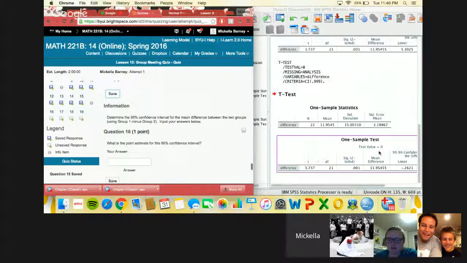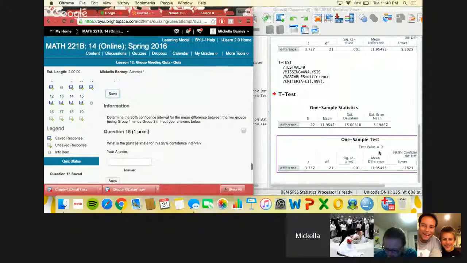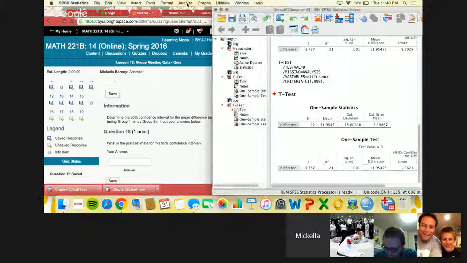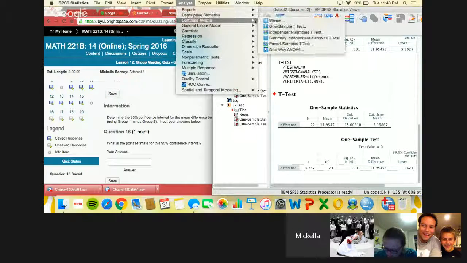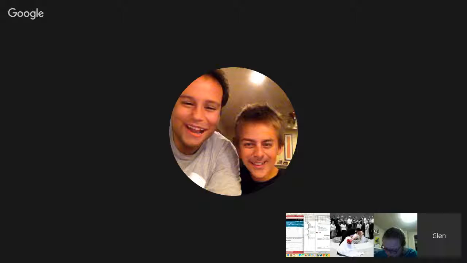What's the point estimate? I don't know. Is that what the p-value is? Well, that's number 16. It comes up with a whole bunch of different things. I don't know if any of this is even right. Well, go to the 95% confidence interval.